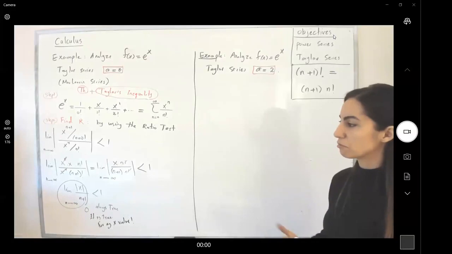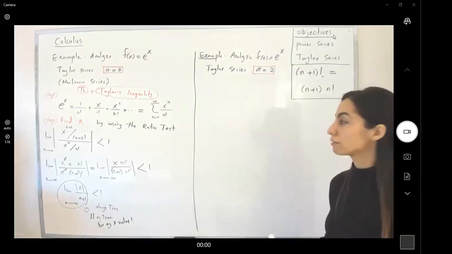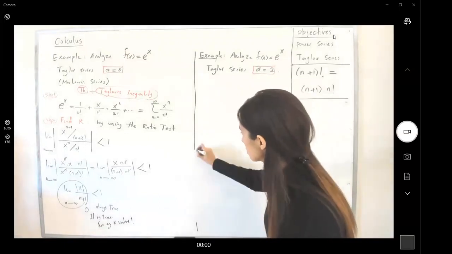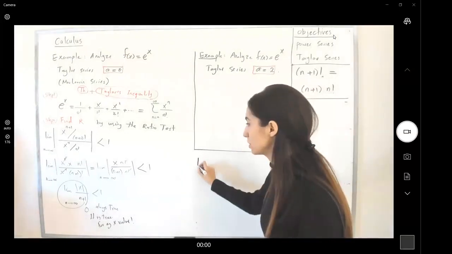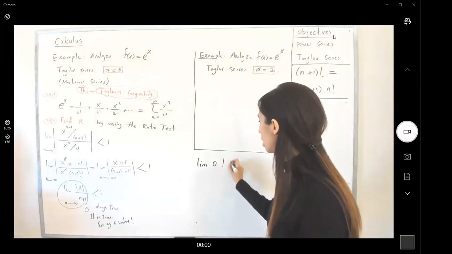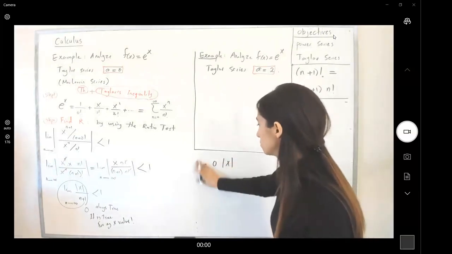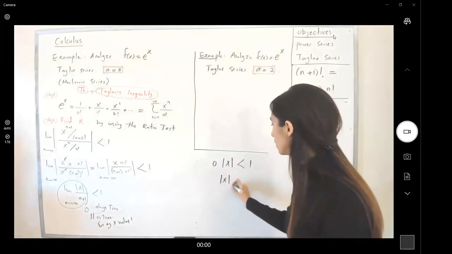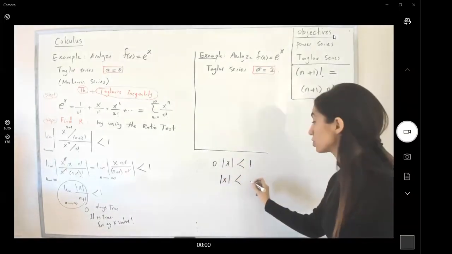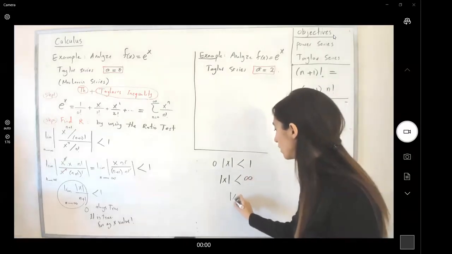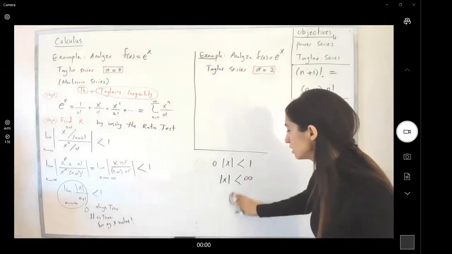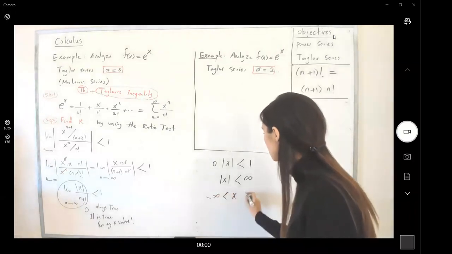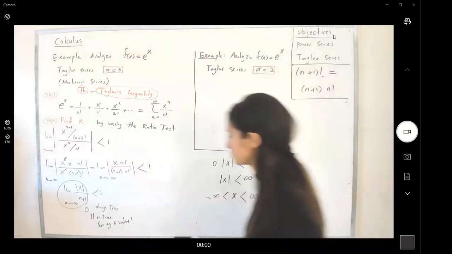Okay, so the radius of convergence. What is the radius of convergence? You have the limit of 0 times absolute value of x, you don't need the limit anymore, less than 1. So absolute value of x is less than 1 over 0, which is infinity. So your absolute value of x is less than infinity, which gives you this inequality: x is in between negative infinity and positive infinity.